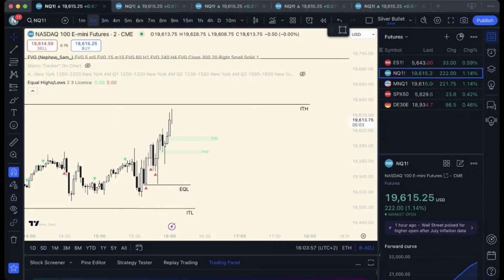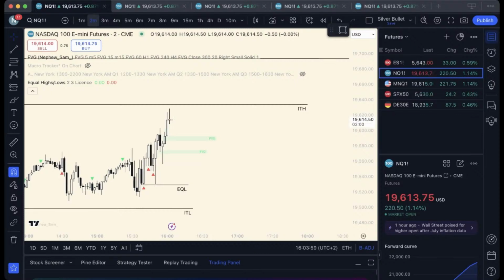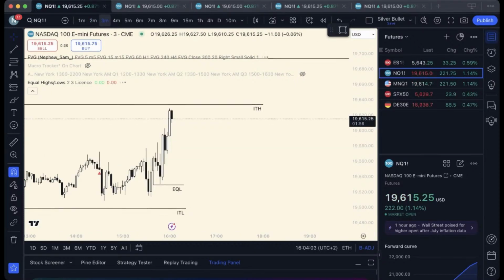I think TopStep removed the daily loss limit, so now you can do whatever you want except for the maximum loss limit. So yeah, my personal daily was before it was 550, and it will still be 550.